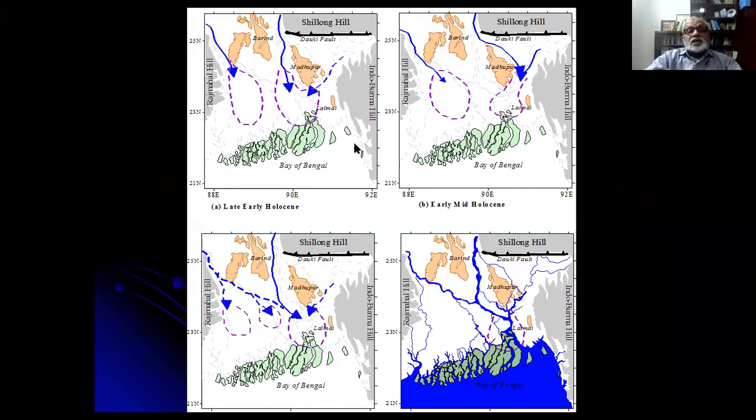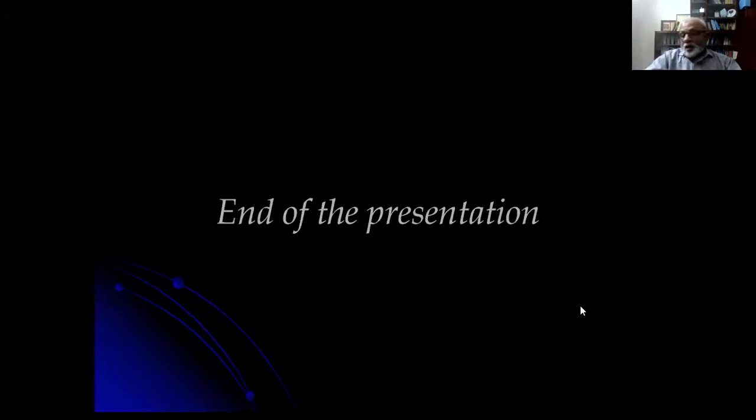And you can see from here, it is very much evident that the sea has moved away. That means sea level has shifted seaward, oceanward, not landward, for at least the last 12,000 years. Well, that's the end of my presentation.